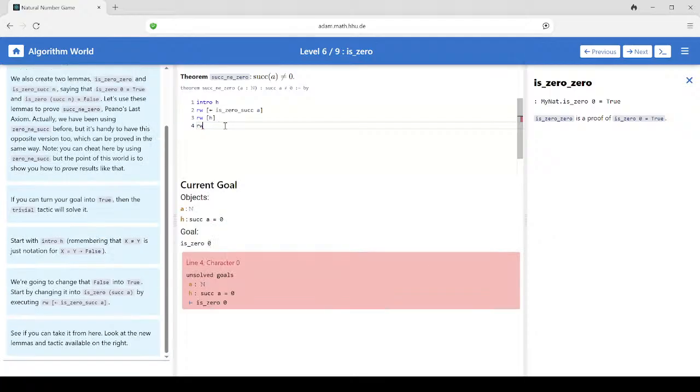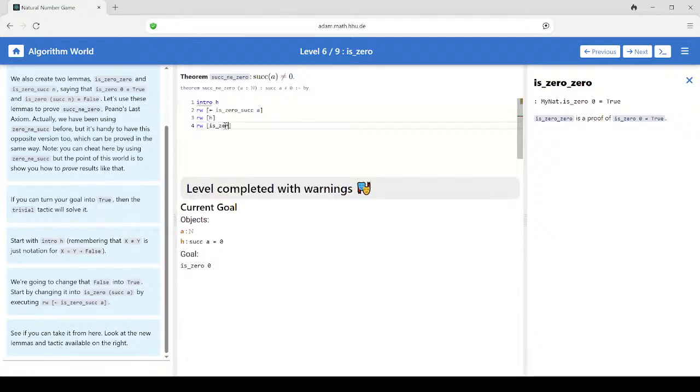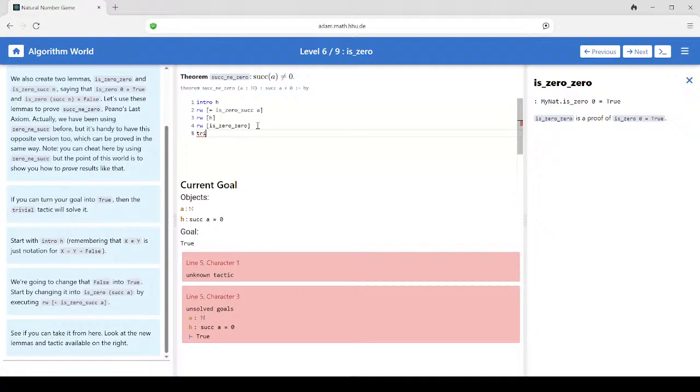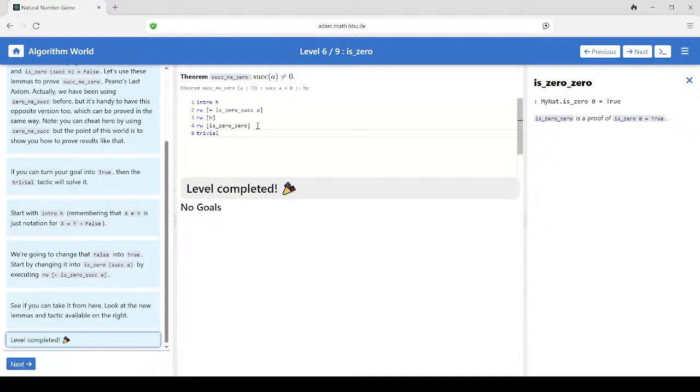But I also could have gone, what happens if I 0, 0? Now the goal is true. And then if I try trivial, same thing. It was a true statement either way. It didn't matter how you displayed it.